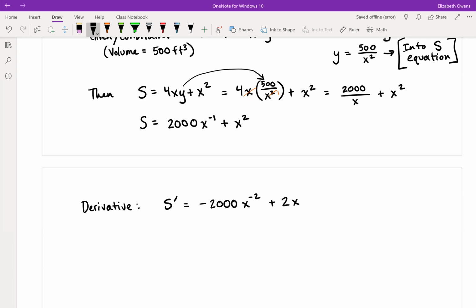Let's get that in a slightly more workable form here. Negative 2,000 over x squared plus 2x. And to make numerator and denominator really clear, I think I might put that in terms of just a single fraction. So I'm going to multiply this guy by x squared over x squared.